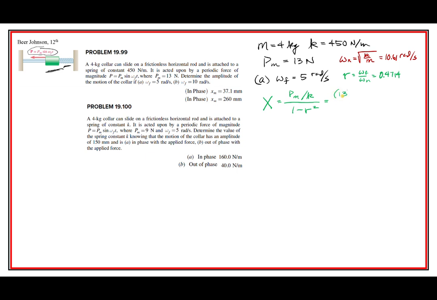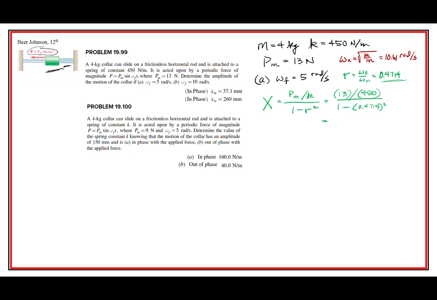So we have 13 divided by 450 and divided by 1 minus 0.4714 squared. And we end up with a positive value, which is kind of expected because we're less than 1 right here.